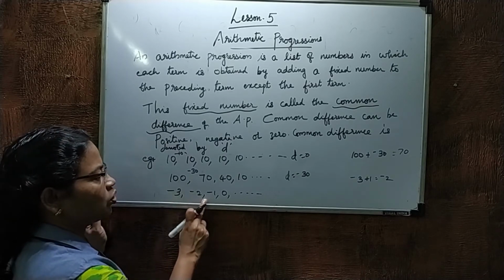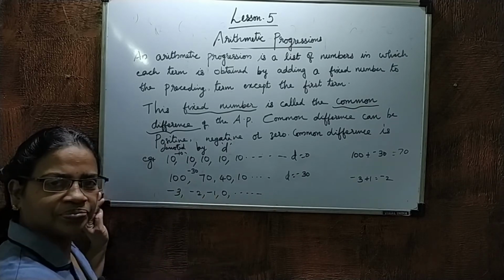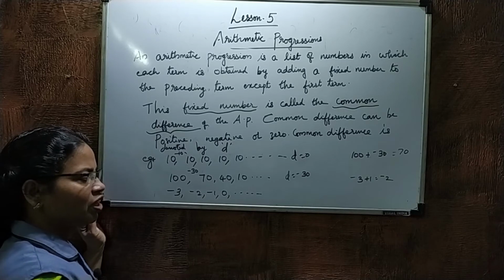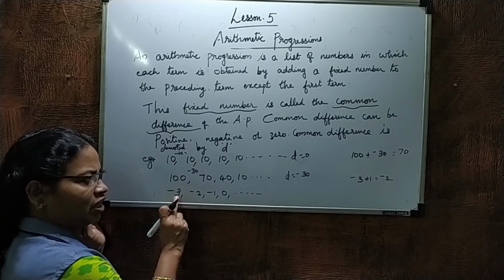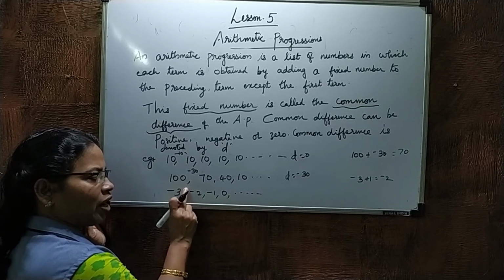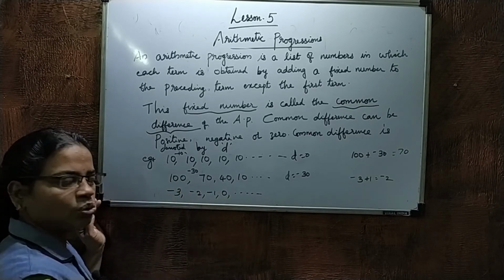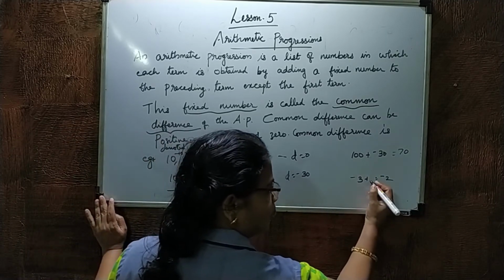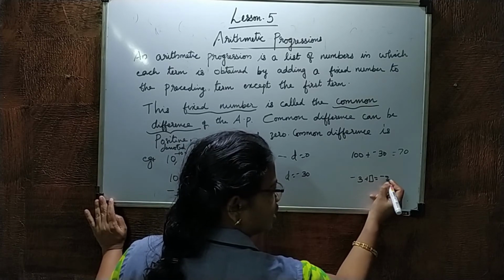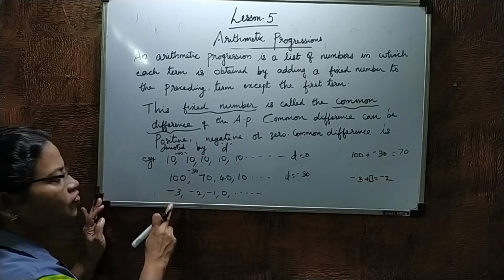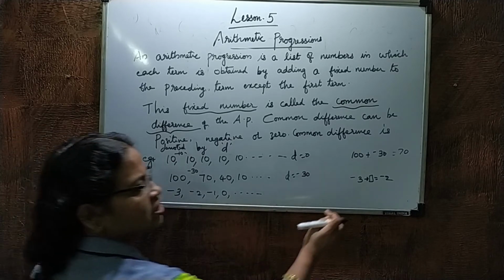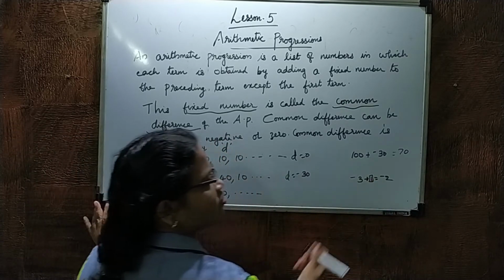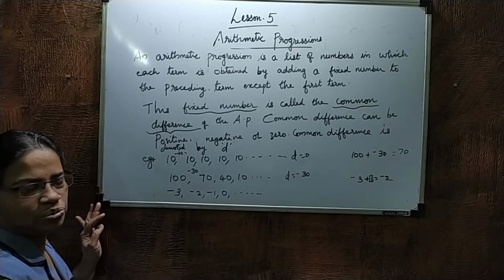What is the next one then? Negative 3, negative 2, negative 1, 0. How will you find out? The first term is negative 3, right? What number do you have to add to get the answer negative 2? Negative 3 plus dash equals negative 2. First term, second term. Negative 3 plus 1, you will get negative 2.